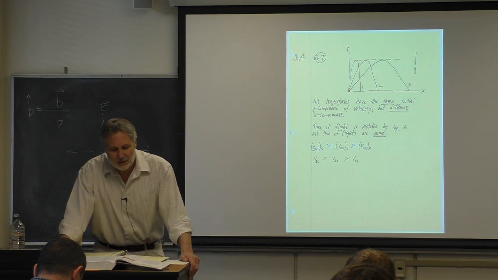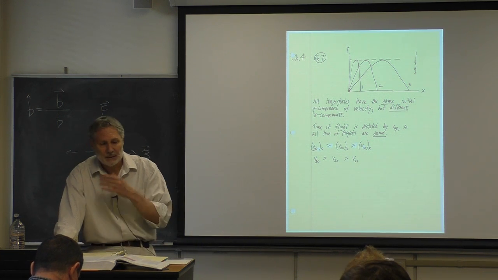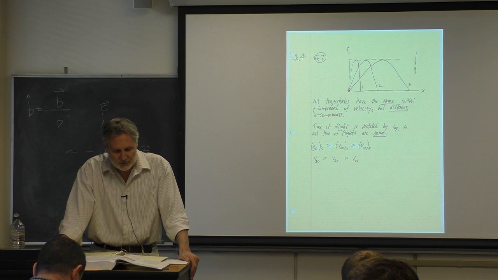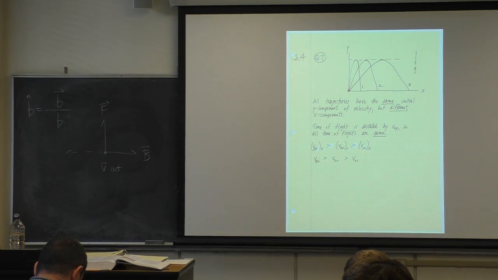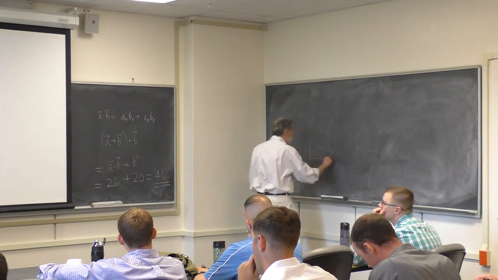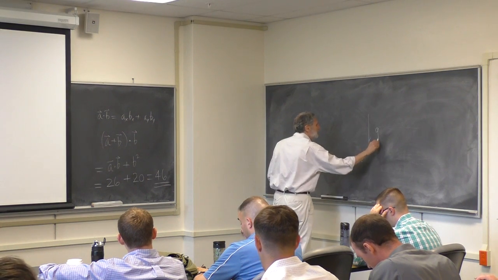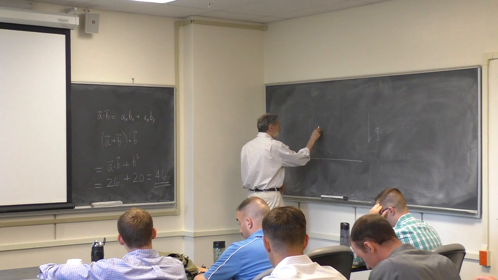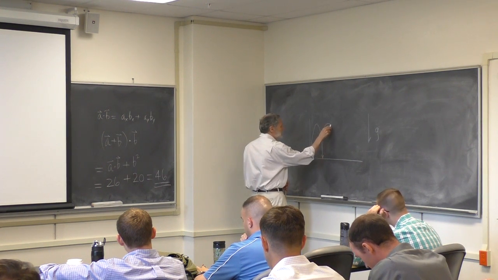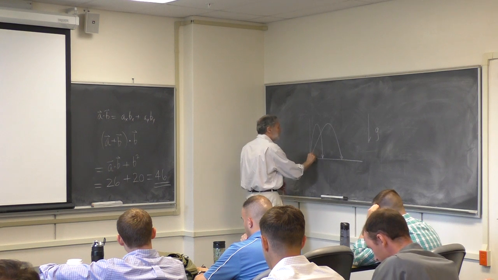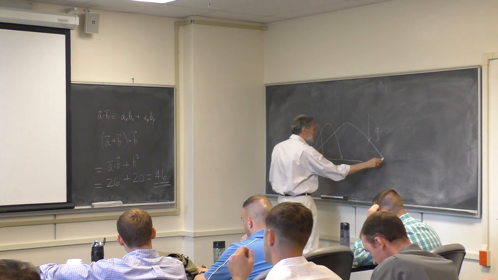And they start at the ground and they end at the ground, same elevation for the starting and end points. And they all reach the same height. So one of them looks like this, okay. Another one looks like this, and another one, whoa.